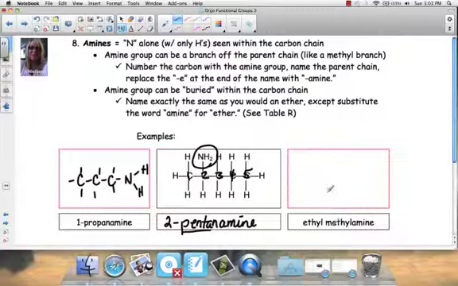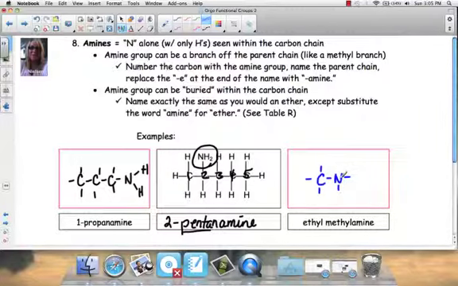Ethyl methylamine. So we're going to draw the methylamine first. That just means we've got a C with an NH2 off of it. I'm going to draw the whole thing here.